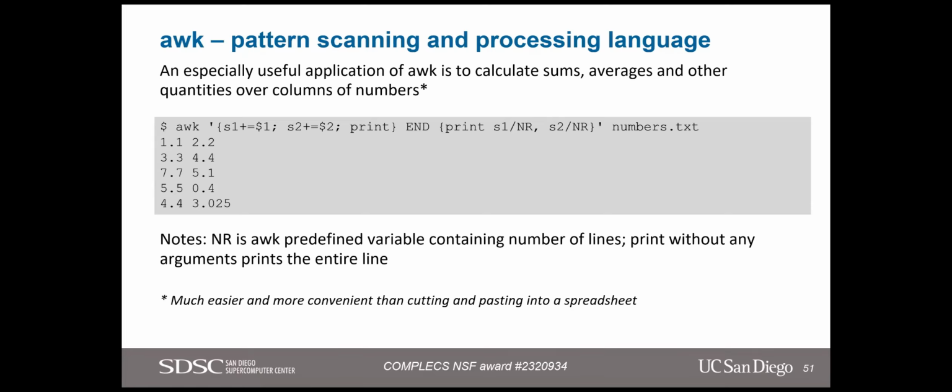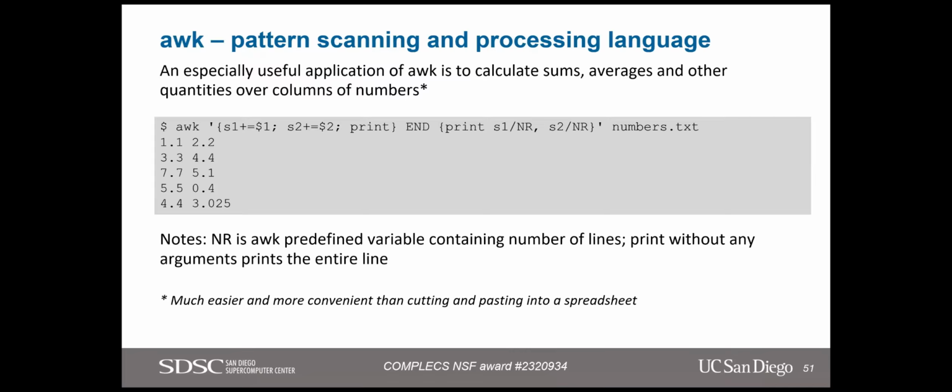So in the previous slide, or 2 previous slides, I'm not sure, we saw that we could sum across rows, but awk also lets us sum down columns. To do this, we use the += sign. In this example, we sum the first column, we sum the second column.